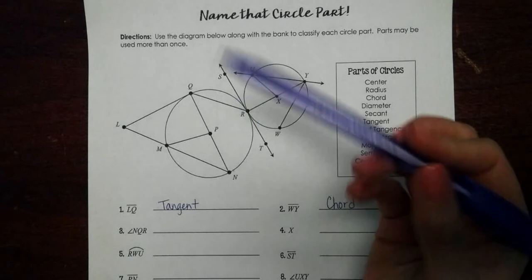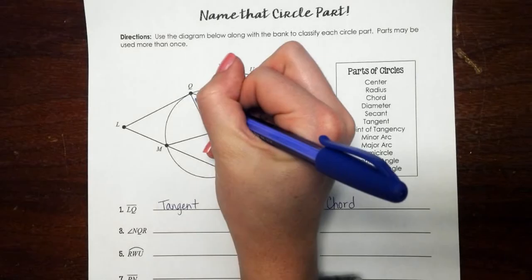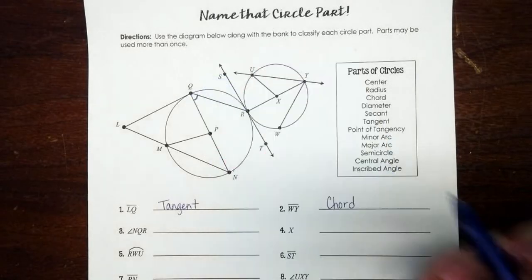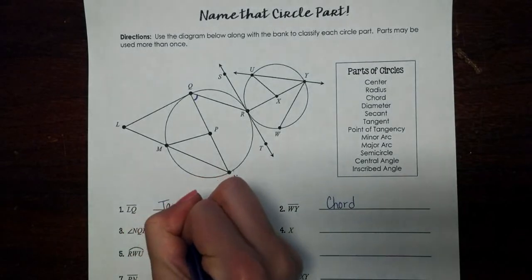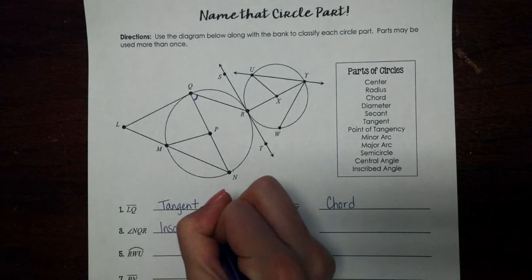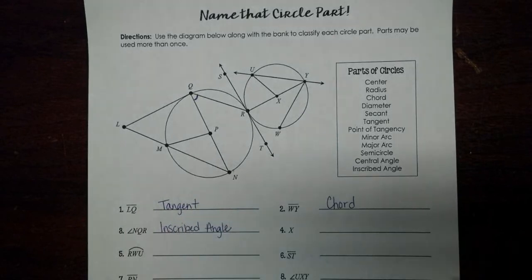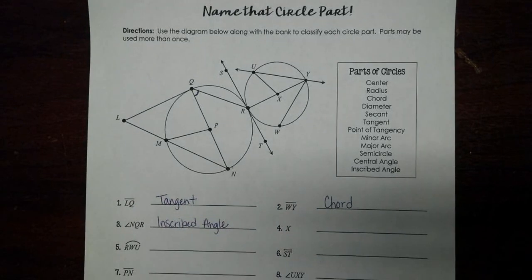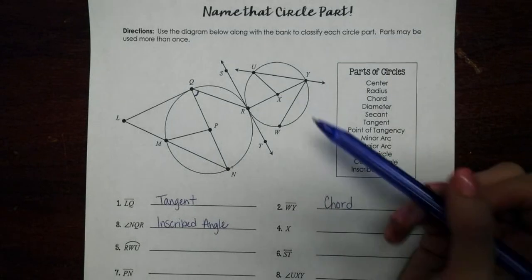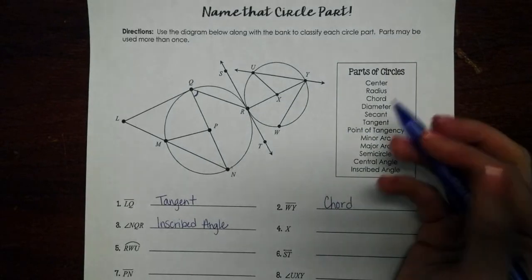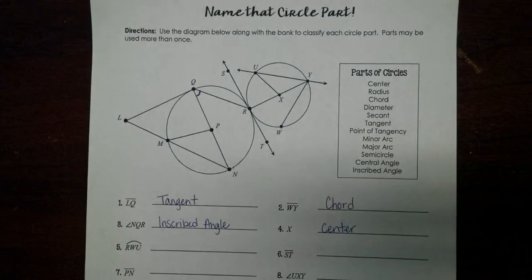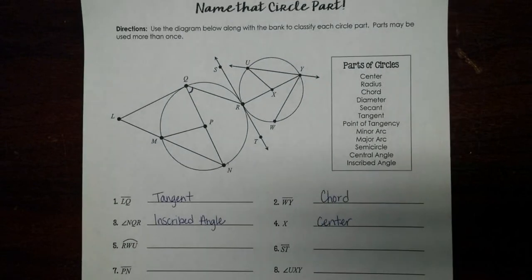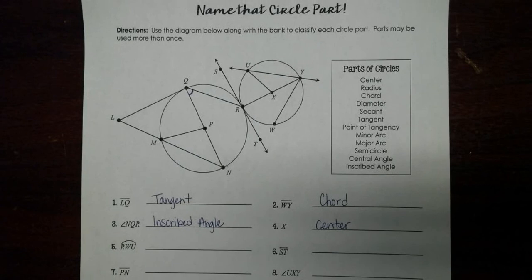So this angle right here. That angle is on the edge of the circle, so that is an inscribed angle. Okay, and the number 4, X. That point at the center of the circle is the center.